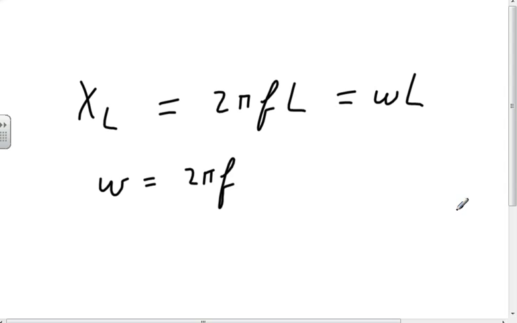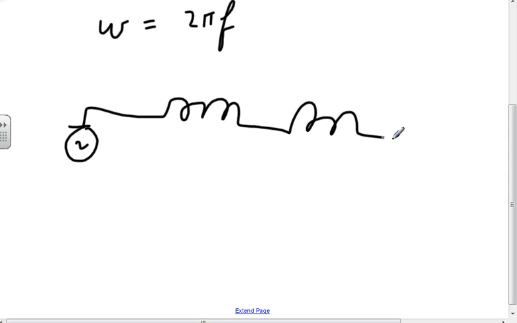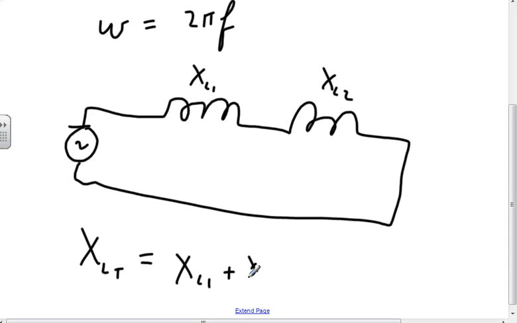Now, if I have a circuit, with some voltage here and some inductors, and I know X of L1 and X of L2, then X sub L total, the total inductive reactance, is going to be XL1 plus XL2.